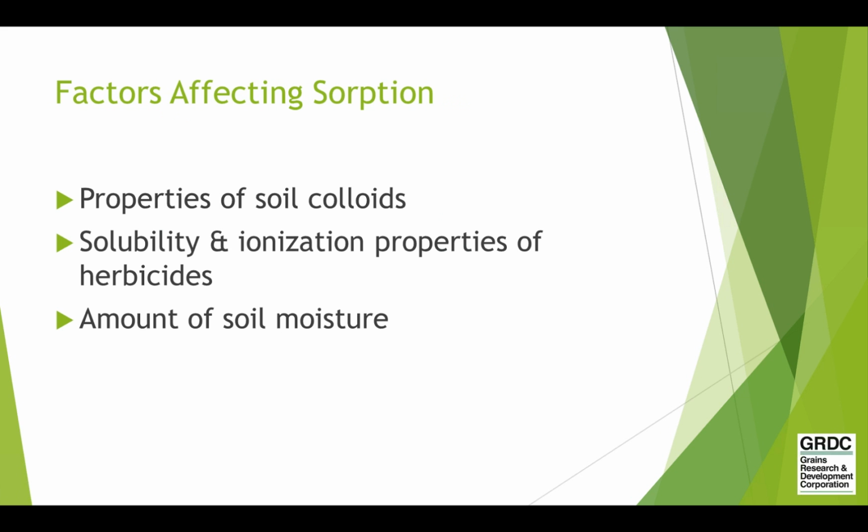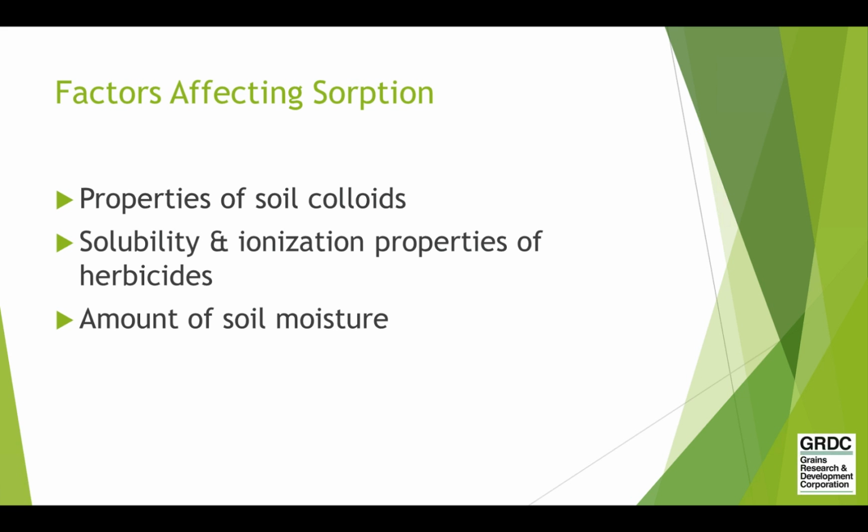What factors affect sorption? Well, the properties of the soil colloids themselves affect how much herbicide will bind to them, and these properties primarily are the organic matter and the clay content. The other factors that affect sorption are the solubility and the ionization properties of the herbicides.